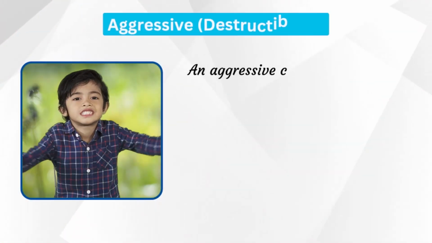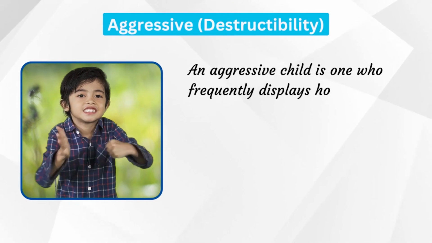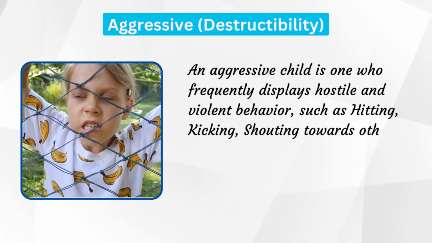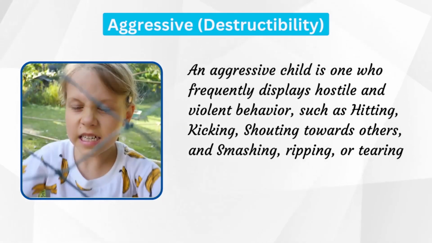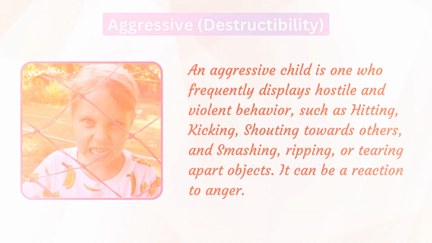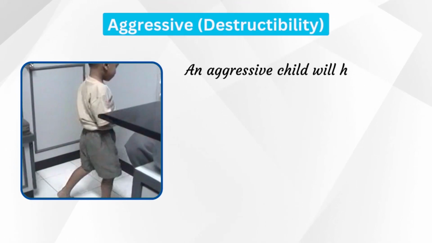So what do we mean by an aggressive child? When we see a child, we have to identify whether the child is aggressive or non-aggressive. An aggressive child is one who frequently shows violent behavior such as hitting, kicking, shouting at others, or smashing and ripping things, tearing papers and other things. An aggressive child will constantly interrupt others. When a few children are talking, they will come and make their point very aggressively. They will interrupt others.